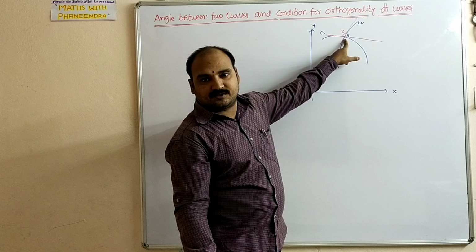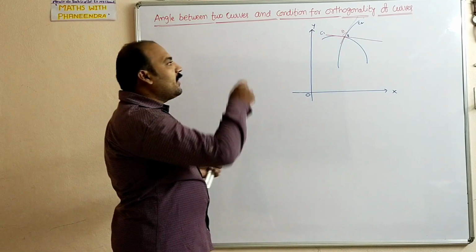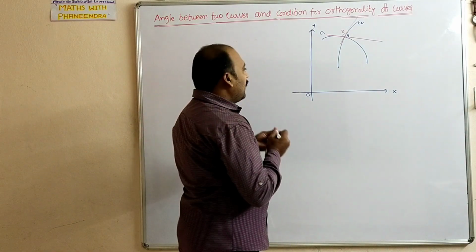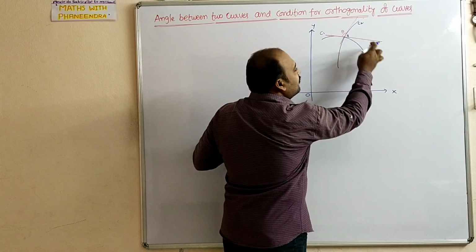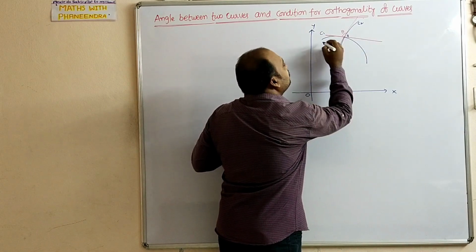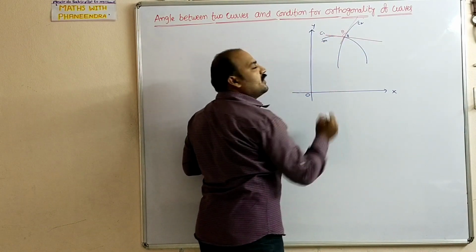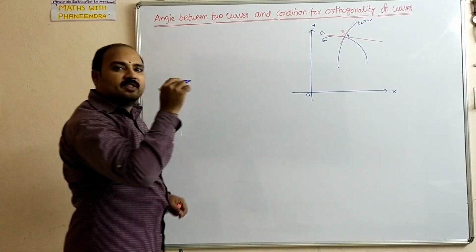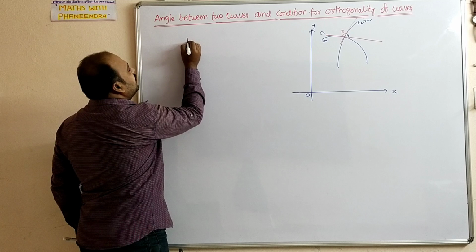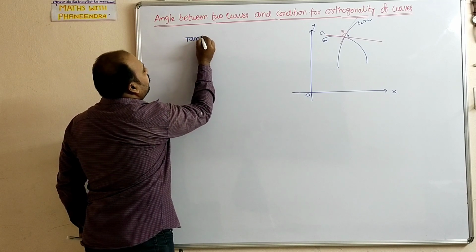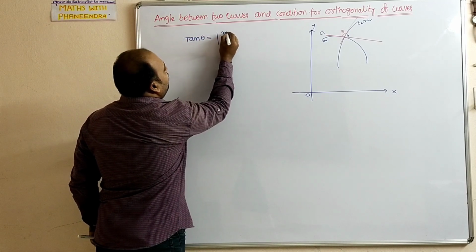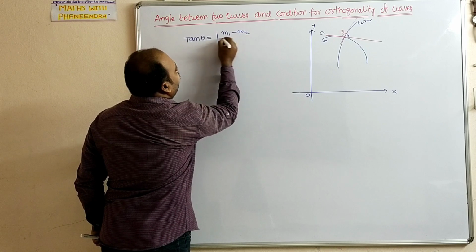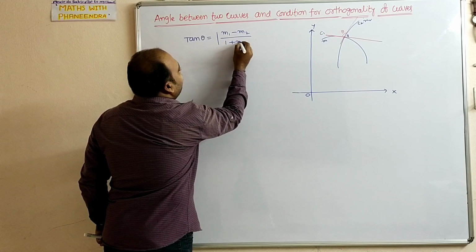If theta is the angle between them, and the slope of the first curve C1 is m1 and the slope of the second curve is m2, then we can define tan theta equal to mod of m1 minus m2 divided by 1 plus m1 m2.